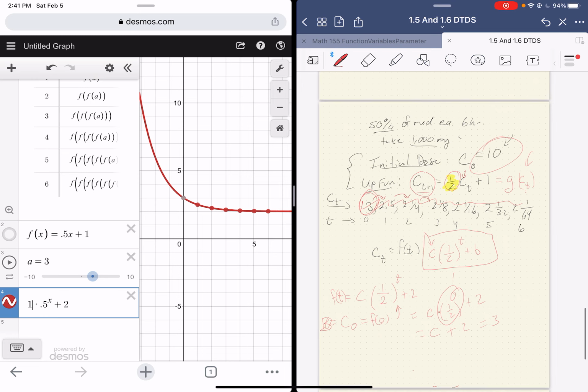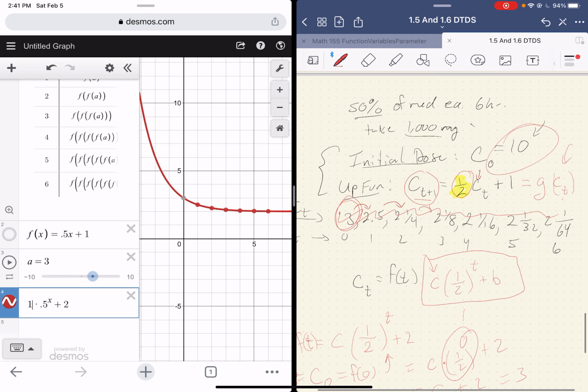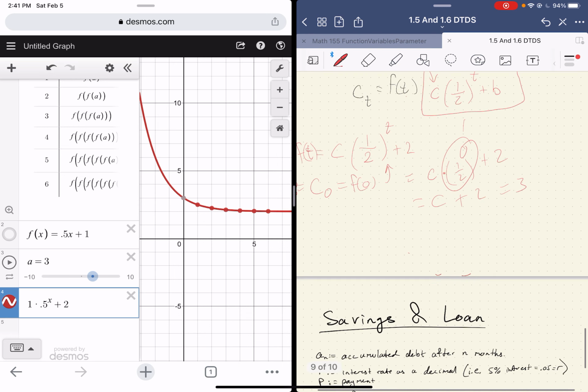So, to recap, when we have an updating function of the form new value is equal to some coefficient times your old value plus some other constant, or we'll do mx plus b.